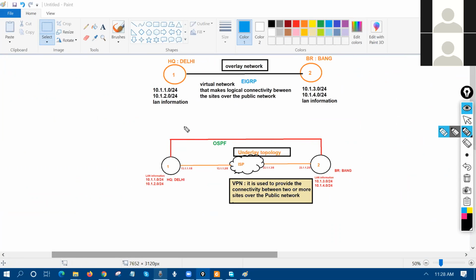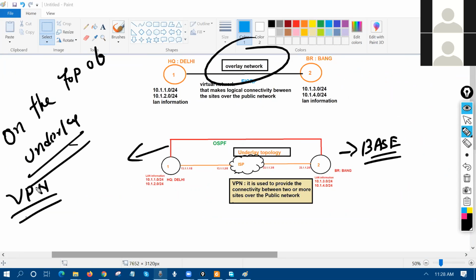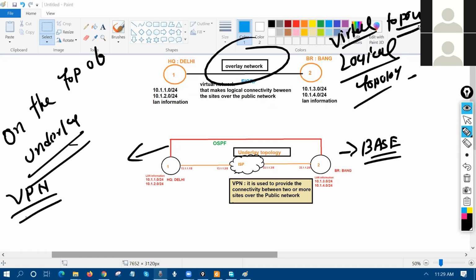On the top of the underlay, we have an overlay network. So this is my base. And this is the actual topology that we are getting after creating the VPN. So this is my original topology, and this is my logical or virtual topology that we are going to achieve through the VPN. And this is the base one.